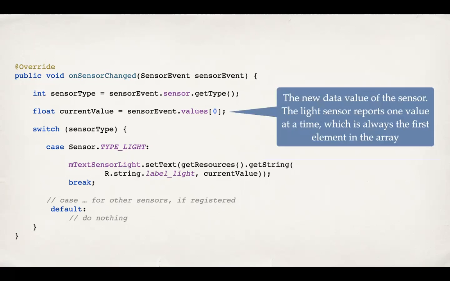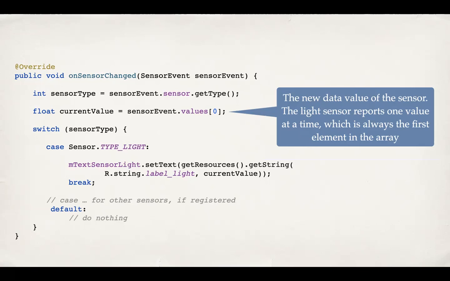Here you see the data value, that is the new changed value, and that's why this method was triggered, because it changed. Now certain sensors provide more than one value, like the gyroscope or accelerometer would give xyz coordinates, or which one changed or along which axis, etc. So each sensor event has an array of values, not a single value.